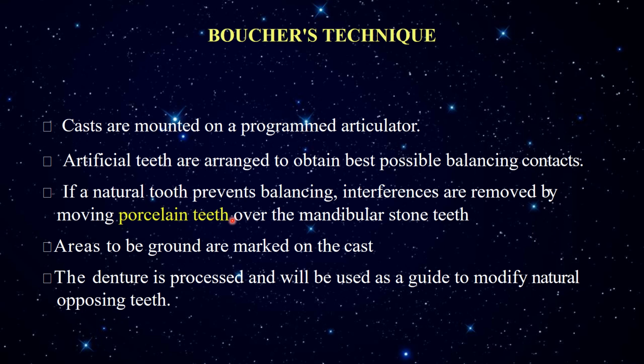On the articulator itself the functional movements are made so that the porcelain denture teeth will grind or cause attrition of the opposing stone teeth. Then this denture is processed and placed in the patient's mouth, and at the denture insertion appointment, the natural opposing teeth are ground off till we have a proper bilateral balanced occlusion in the patient's mouth as well.